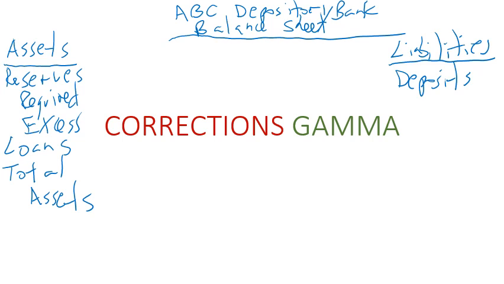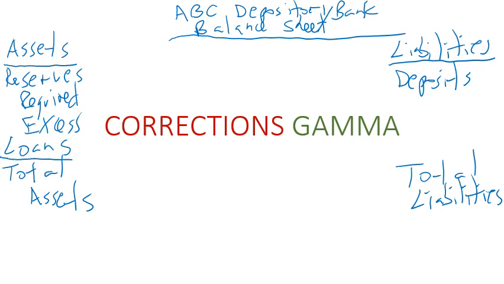And at the very bottom of the liabilities column we have total liabilities. All right. Well, you already know this. I went over this stuff when I was talking about monetary policy. This is just a review.